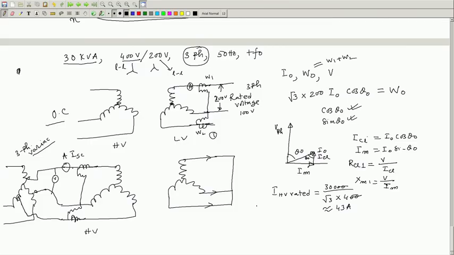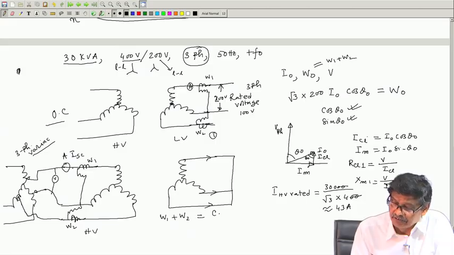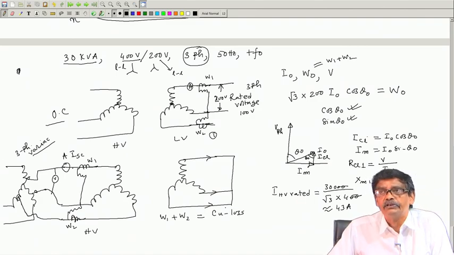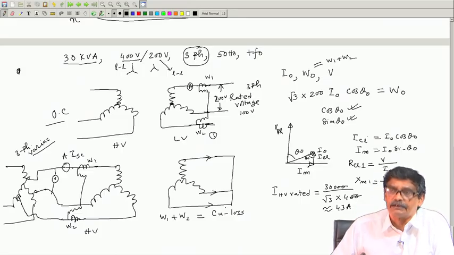So, the wattmeter once again will read this W 1, W 2, and the sum W 1 plus W 2 will give you the copper loss at rated current. We neglect the core loss. Why? Because the applied voltage is very small. Flux is only a few percent of the rated flux you get when you apply rated voltage, rated frequency.